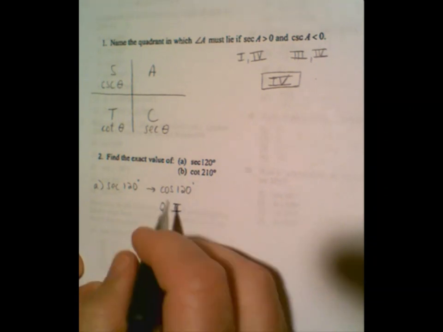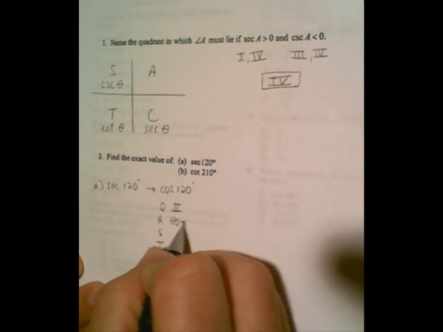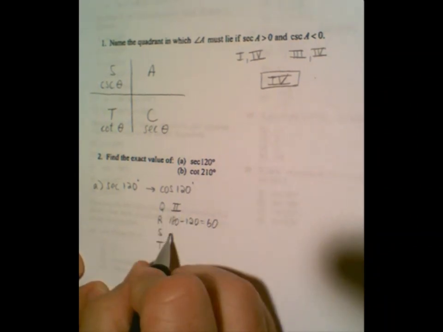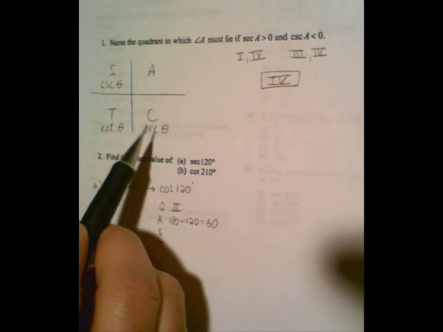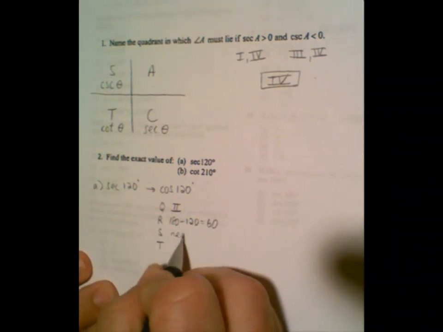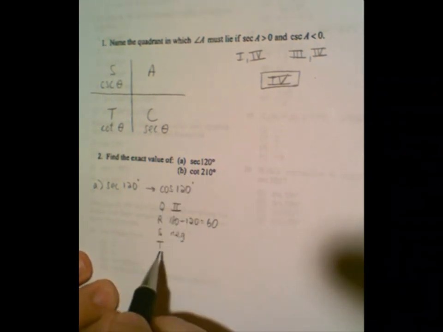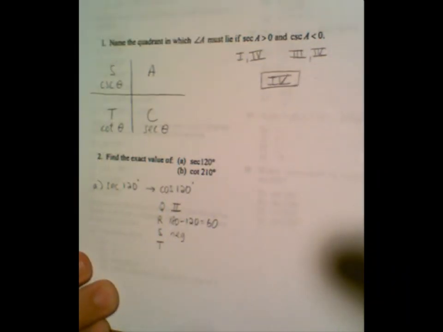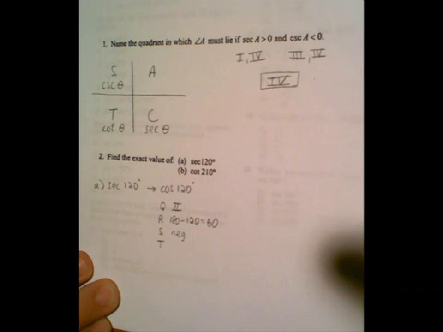120 degrees is in quadrant 2. The reference angle, 180 minus 120, is 60. The sign of cosine, look up here, cosine in the second quadrant is negative. And the table value, the actual value in the calculator and the chart that you made, the table we did with 0, 30, 45, 60, 90.